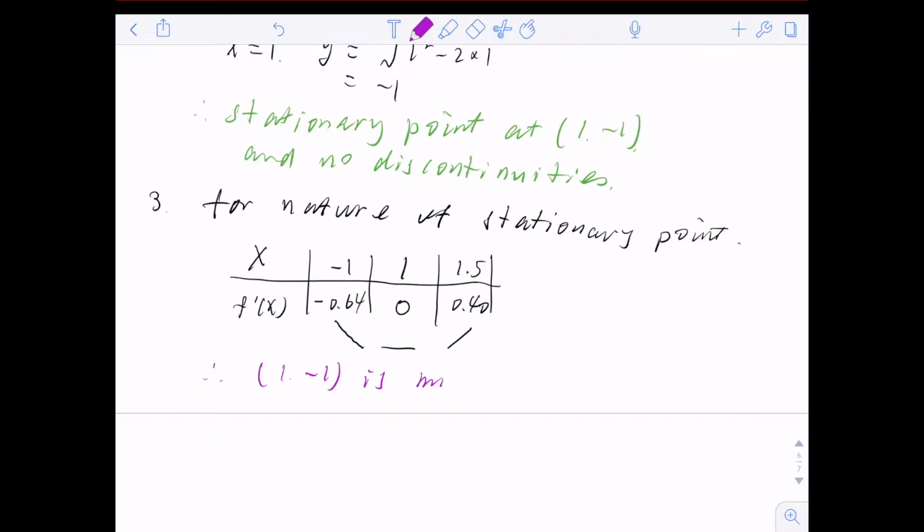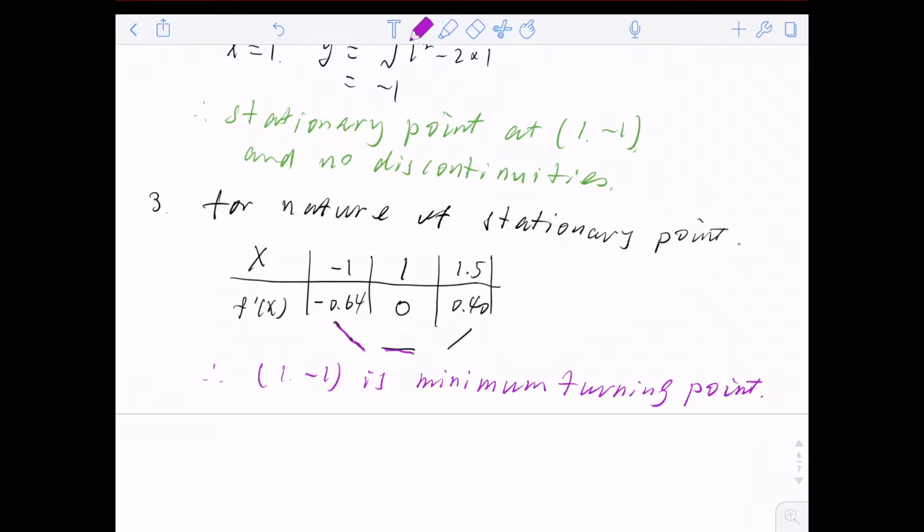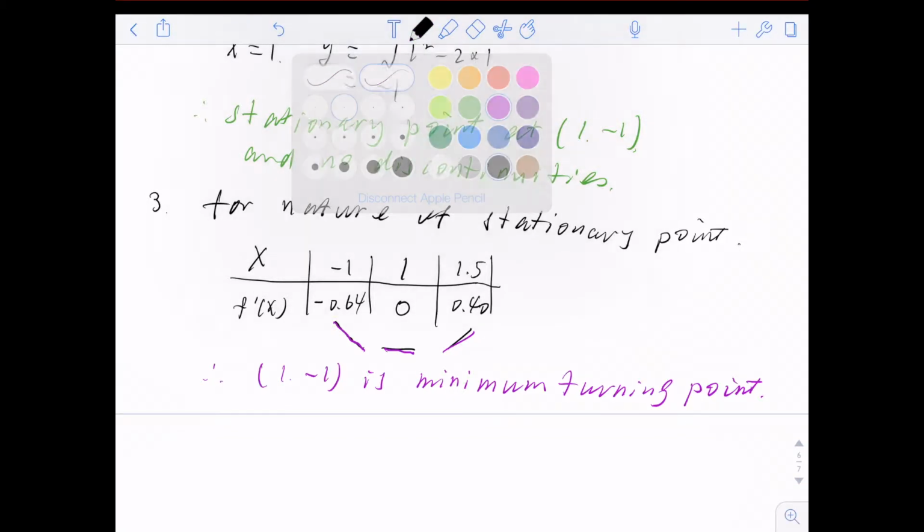As you can see, the shape of the curve from my previous drawing is a minimum turning point. Like here: down, flat, and up, minimum. All right, okay. So now let's move on.